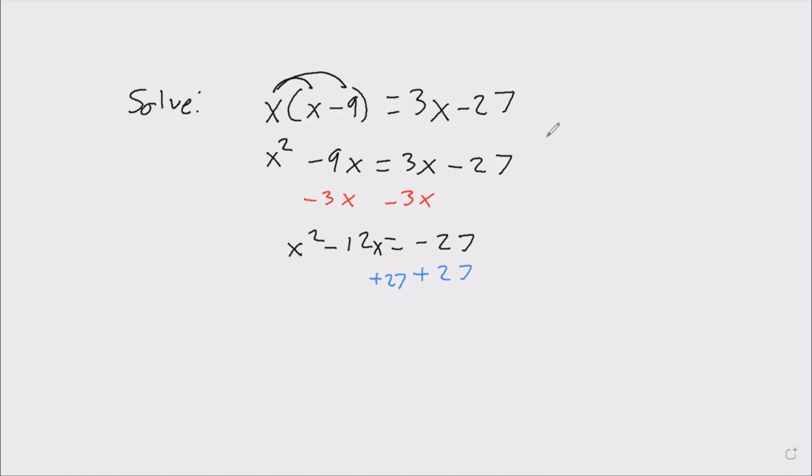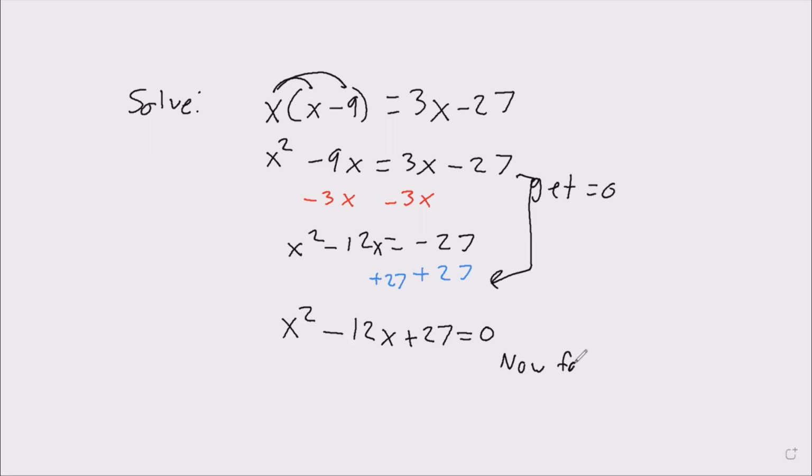Again, our step here was to get equal to 0, because you can only solve these when they are set equal to 0. Now we have a polynomial that is equal to 0.